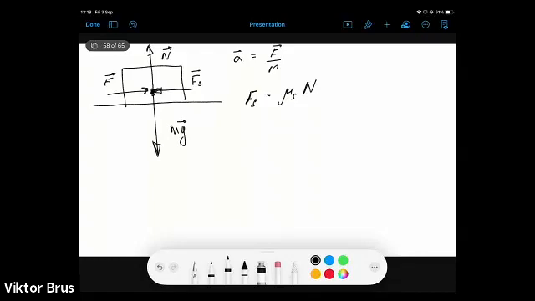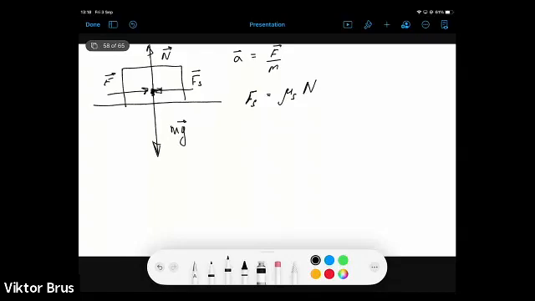So the static friction coefficient takes into account conditions of the two surfaces which are in contact. They could be smooth or rough, obviously with less and more friction between these surfaces. And in this particular case, N is equal to the weight of the body, but it could be different.